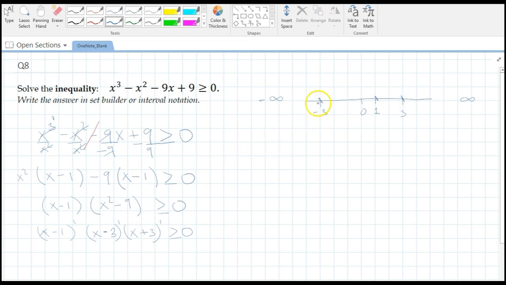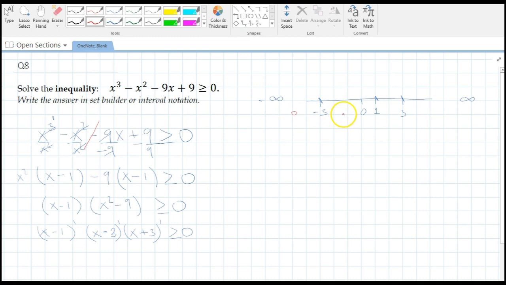And we have to determine where the graph is going to be above the x-axis. So for that, we're going to be checking some numbers before the first intersection, in between these two intersections, and then between 1 and 3, and then out of our range to check what is going on. So we're going to pick some numbers. We can use easy ones like -10.